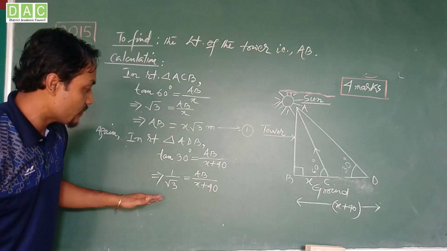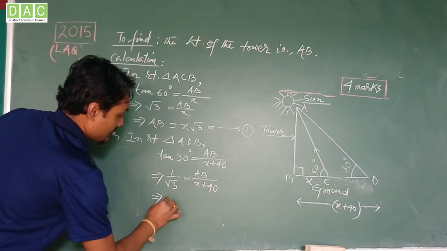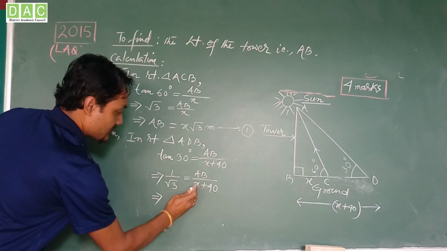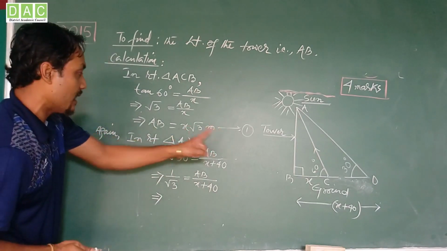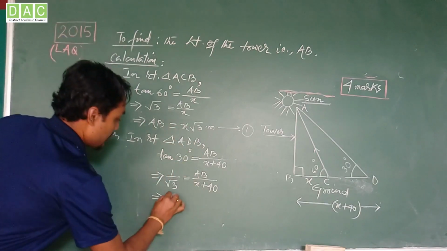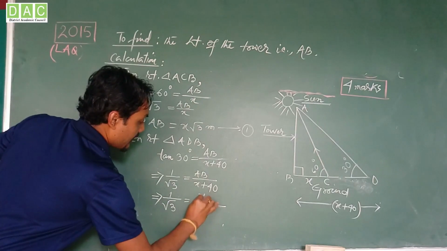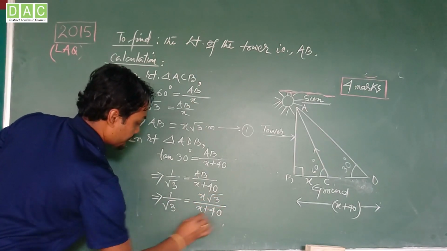So we make the equation with the help of this AB. So AB root 3, 1 of x plus 40. One can do like this directly in order to use equation 1. The value of AB is x root 3. You can substitute also. So let me substitute: x root 3 over x plus 40.